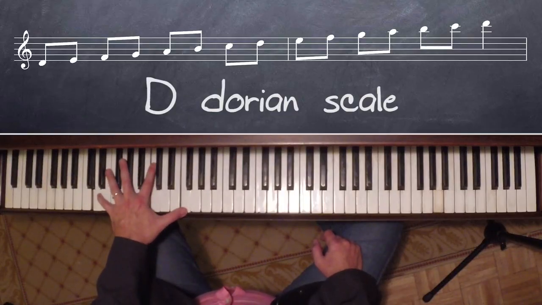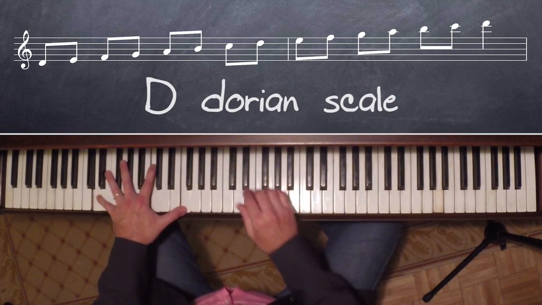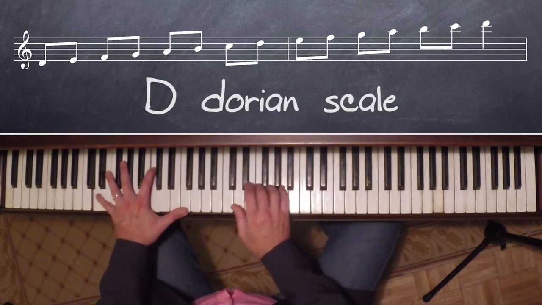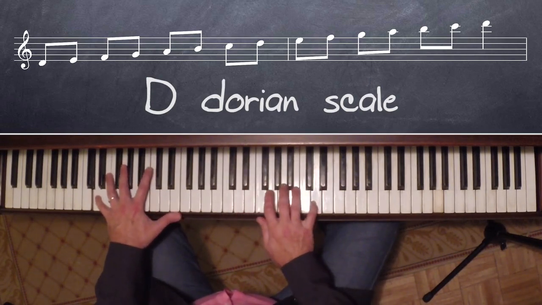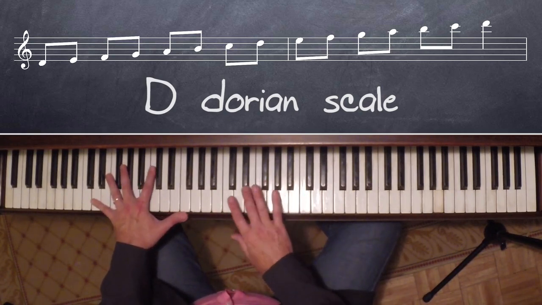So another scale, I refer to it as the Dorian mode scale or the minor scale. So on a minor chord, still in the key of C, we have D minor 7, and it's a C major scale played from D to D. Most often you hear this scale played like this.